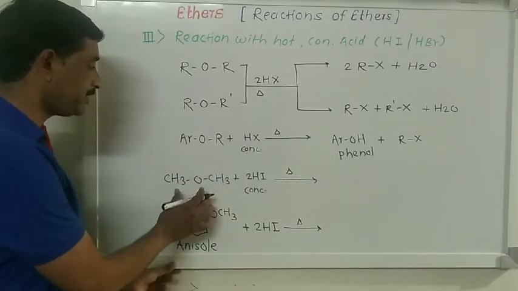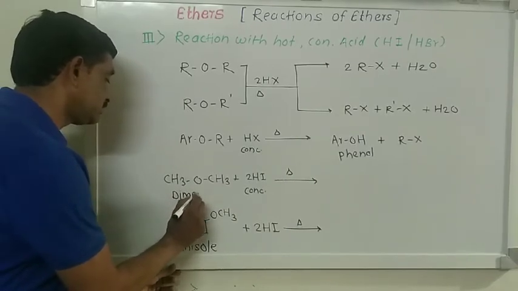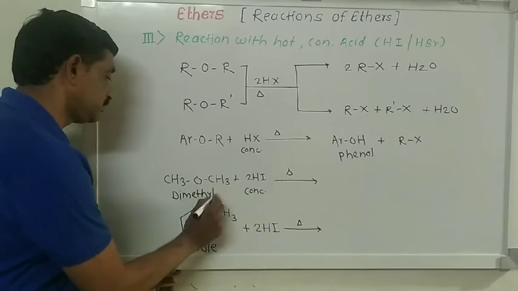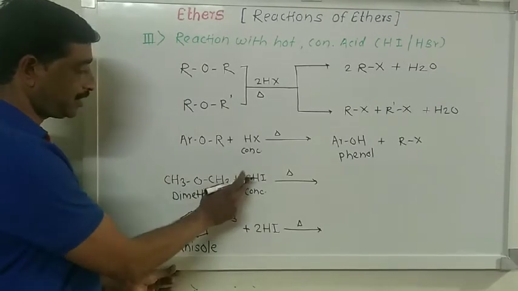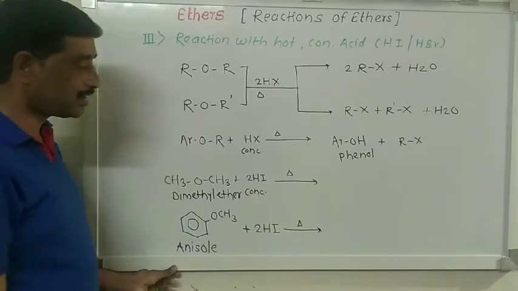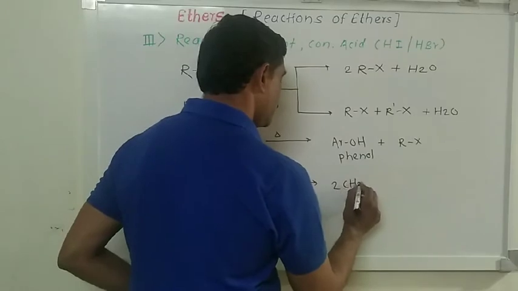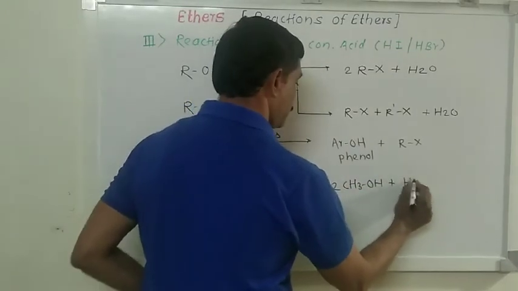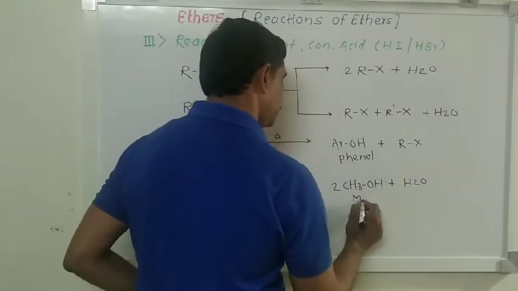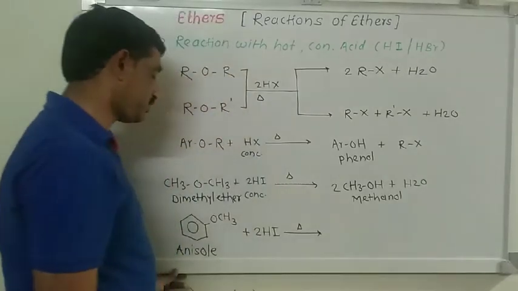Here we take the example of dimethyl ether. When this dimethyl ether is reacted with concentrated HI, it gives two molecules of methyl iodide plus H2O.